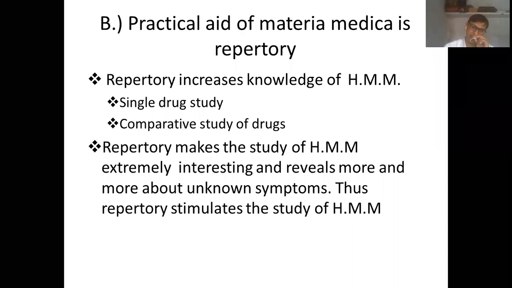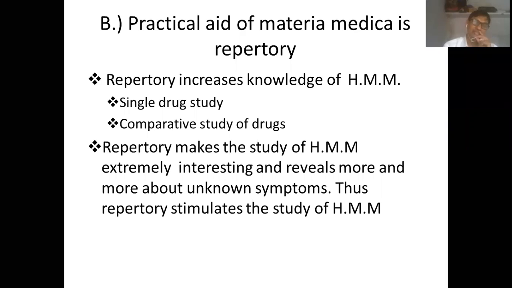So the first thing is that repertory increases the knowledge of homeopathic materia medica. Just now we have seen that homeopathic materia medica is the base of repertory. Now we are saying exactly the opposite, that repertory increases knowledge of homeopathic materia medica.